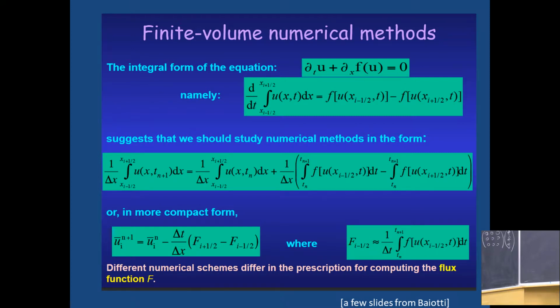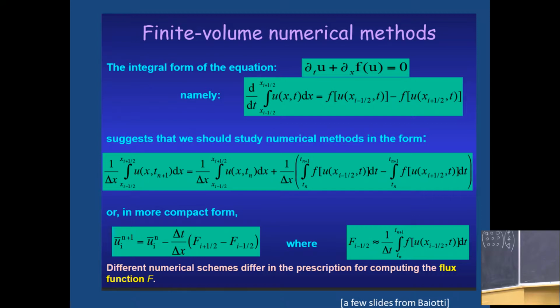And so once you do that integral, what you really have is the average of the value of u in the cell at time t(n+1), equal to the average that it had at the previous time, plus 1 over dx, the flux at the left cell minus the flux at the right cell. And that's the method you're going to do.